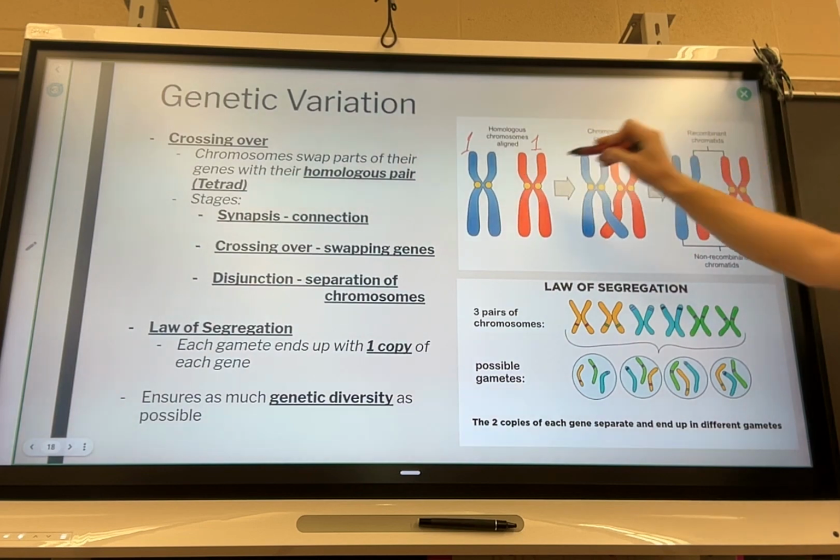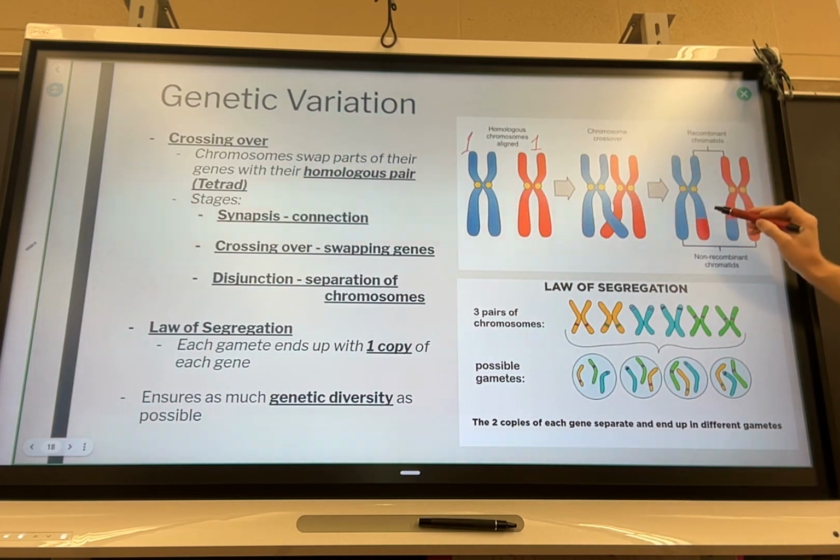For example, we have a red and a blue. After crossing over, the blue will have one of the red side, and the red will have one of the blue side. Whenever these are separated, it is called disjunction. So this is the first way. This is literally going to swap genes from one chromosome to another.